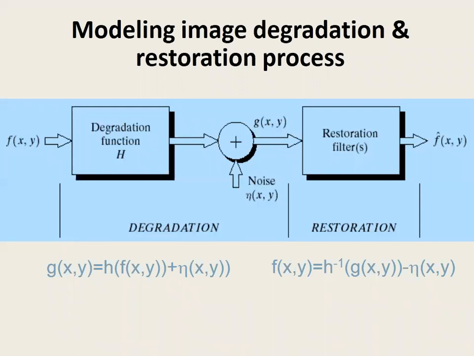Since we already modeled it, if you take the inverse of the degradation function and subtract the added noise from the noisy image, we will get the original image. So what kind of noise is affecting our images can easily be experimentally proved.